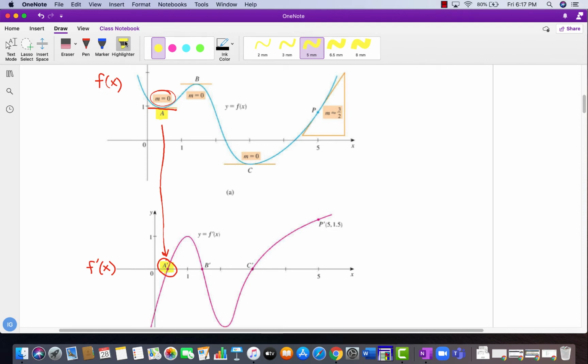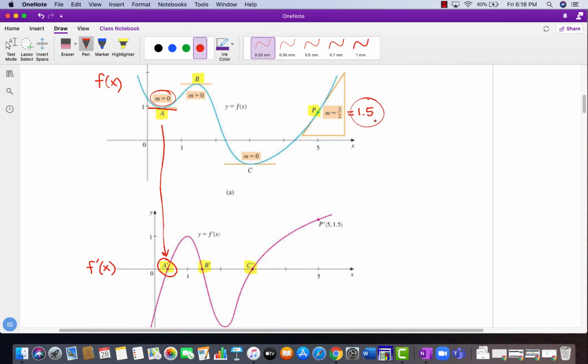So same thing happens here. If you look at B, the slope right here at B is 0. That's exactly your y value here. So notice C, the slope is 0. That's your y value. They're basically your x-intercepts, okay? Now let's look at point P. Point P, the slope at this point is 3 over 2, which is equal to 1.5.